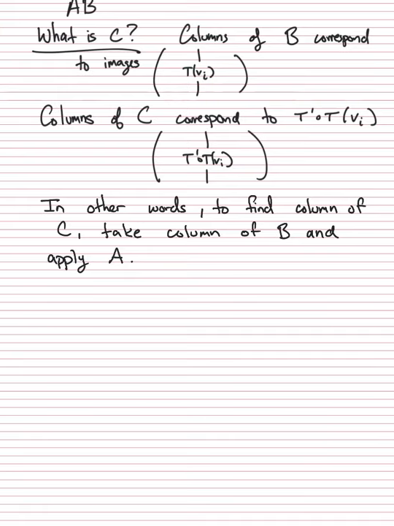So we take a column of B, that's precisely the image of a basis vector Vi. Here we're looking at the image of the composition. So you plug this column into the matrix for A. Okay? Because that's going to give you T prime T of V. So in other words, we take A to the column vector T of Vi, and this is going to be the column that corresponds to C.